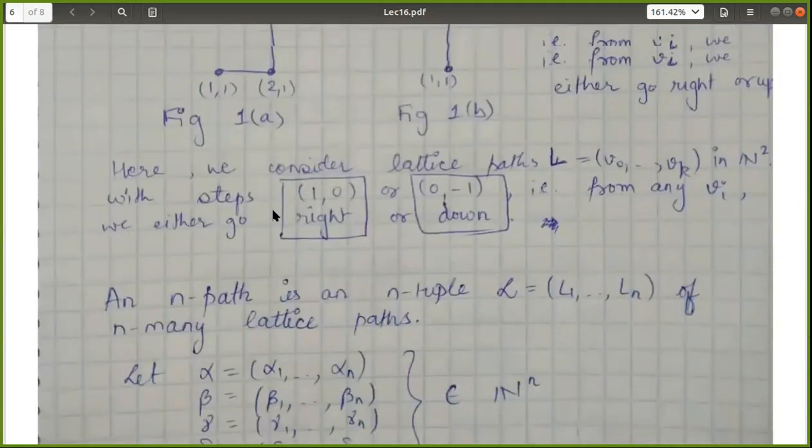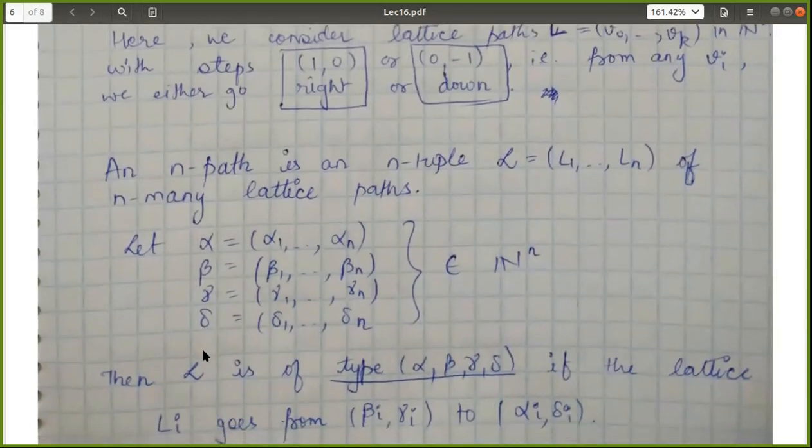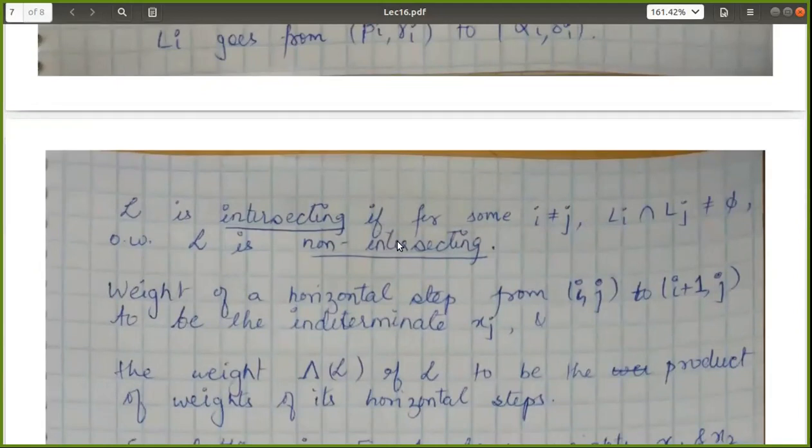However, depending on what I choose my alpha, beta, gamma, delta, I may have lattice paths which do not intersect. In such a case, if none of these lattice paths intersect with each other, I would call the n-path L non-intersecting.